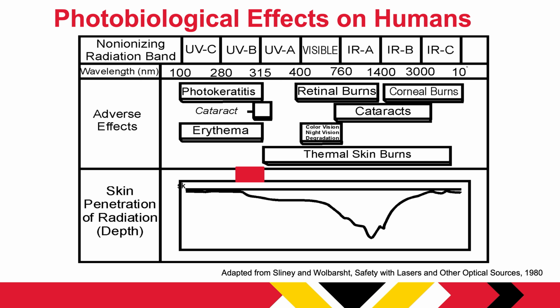Erythema or sunburn, as we see, is possible in the UVC and UVB. UVB is much more severe because of the deeper penetration into the skin than any type of mild erythema that might come from UVC wavelengths. Skin cancer is very difficult to define because of the fact that it takes so many years before it shows up.